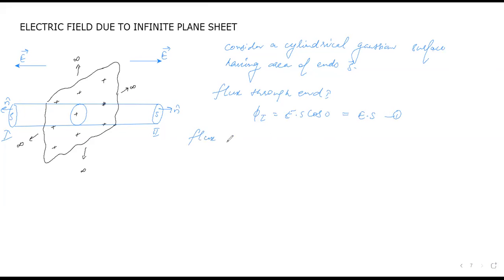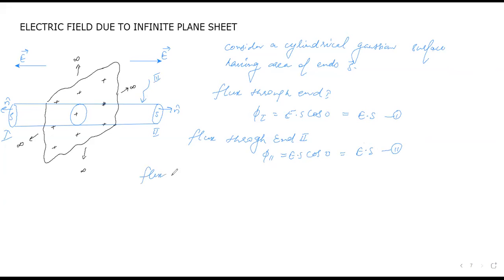Similarly, your flux through end 2, this is your phi 2, which is E S cos of 0 again, which is E S. The third one is this surface.